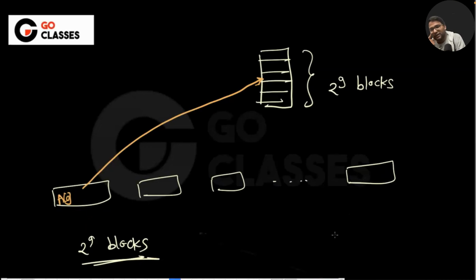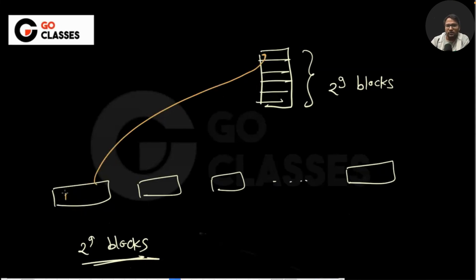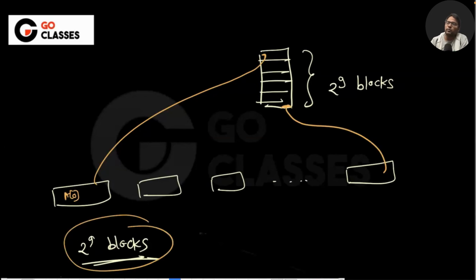Will it get clashed with anything else? Is your array too big that you have to repeat it? The array has 2 power 9 blocks. So let's suppose it is initially mapping to block number 0. Then this is A0. If it is mapping to block number 0, then it will map to the last block, because these are the 2 power 9 blocks, and the array also contains 2 power 9 blocks.